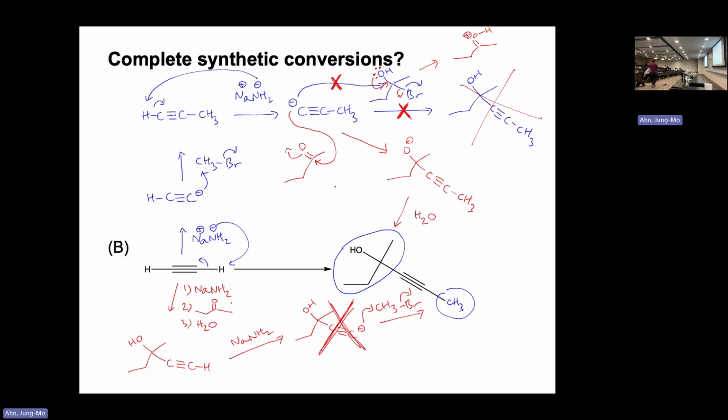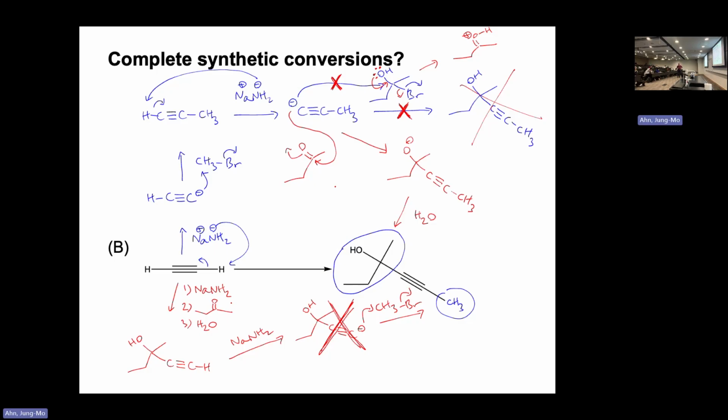So why is that? Why doesn't this one happen? It happened before, but why doesn't it go? Now the questions are getting more complicated. You have to think about a lot of other things. You're taking the protons away from the molecule, and then you wish to take these protons away, right?